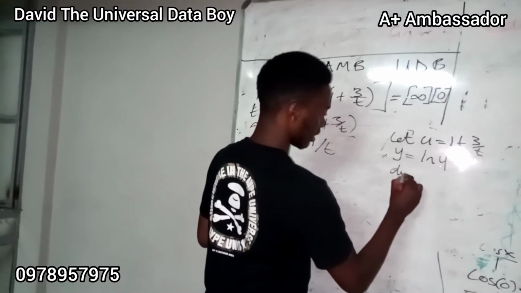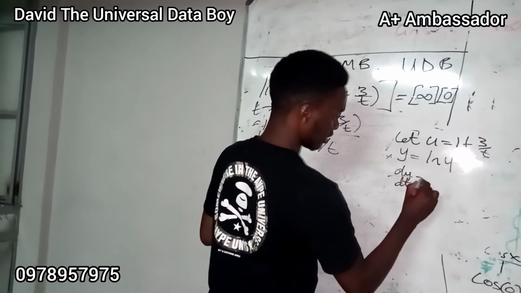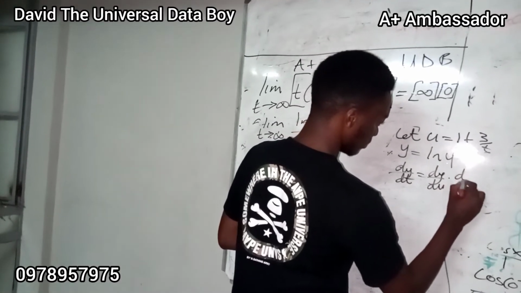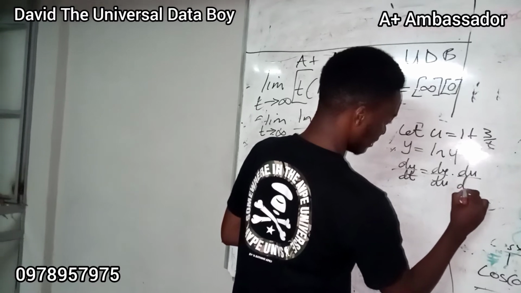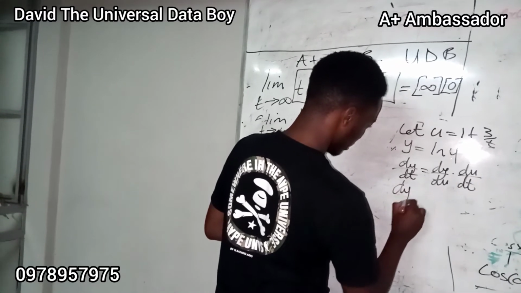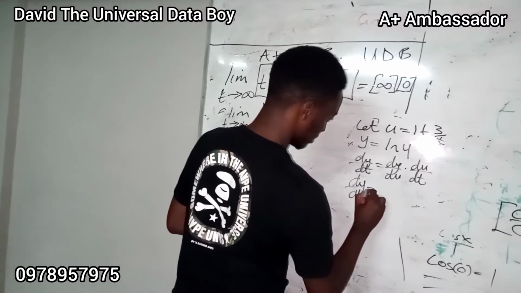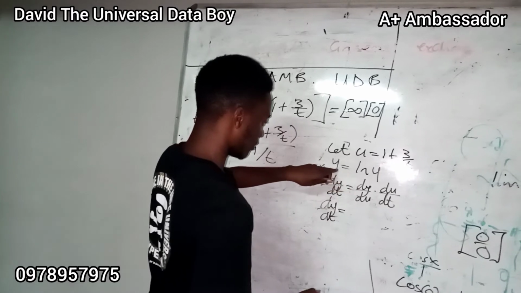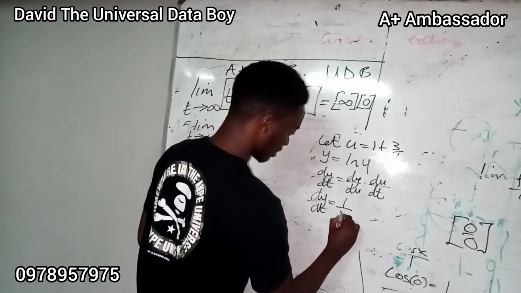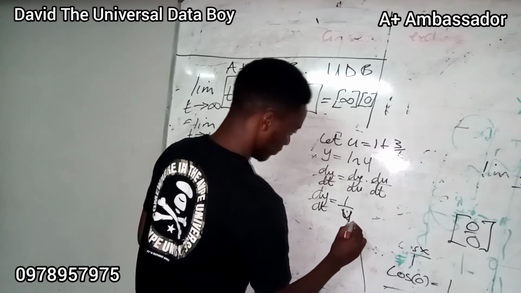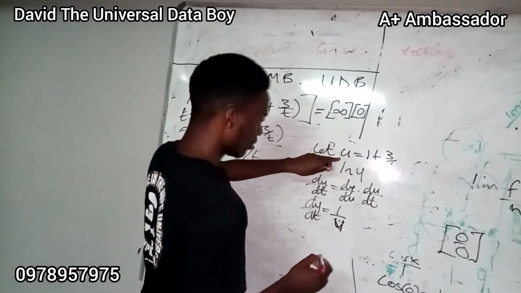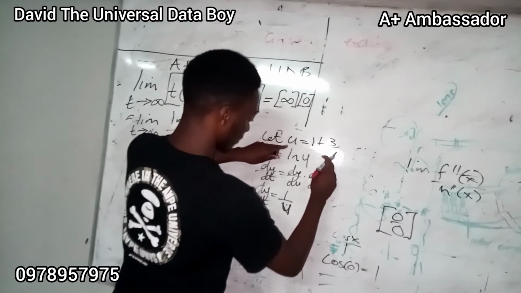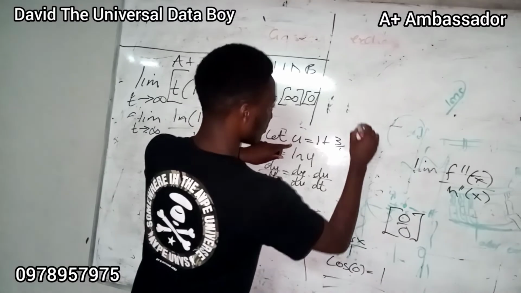So now dy over dt is equal to dy over du times du over dt. The derivative of y with respect to u is 1 over u. The derivative of u with respect to t is going to be 0 plus the derivative of the 3 over t term.